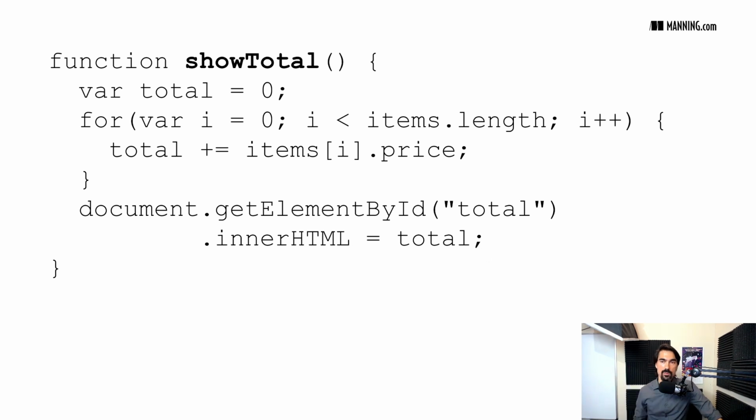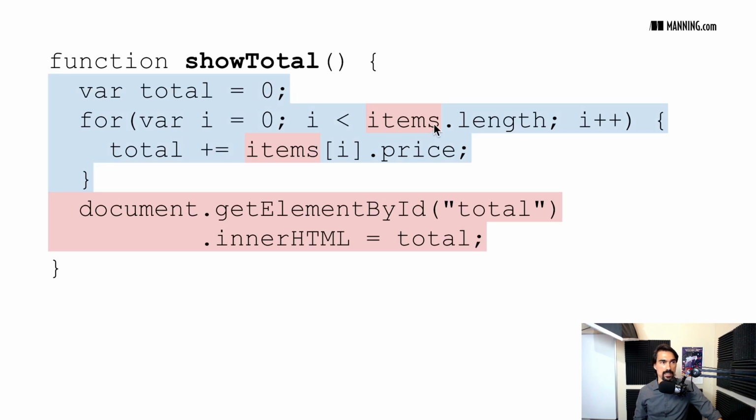We can deduce a couple things. The first is that the red elements are actions. So let's start with items. We're reading the value of a global variable, and a global variable could change at any time, right? Calling showTotal when items has 20 things in it is going to be different from calling it when items has 10 things in it.